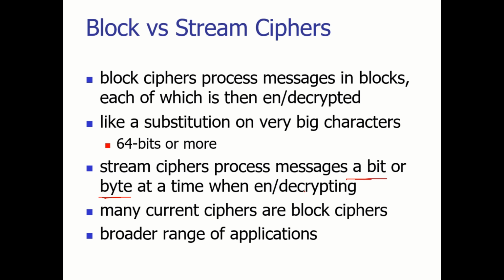Okay, so a bit or a byte will be processed at a time while encrypting or decrypting the messages. For the upcoming ciphering techniques, we'll be using block ciphers because the range of their application is broader as compared to stream ciphers. So that is the main reason for using block ciphers over stream ciphers.